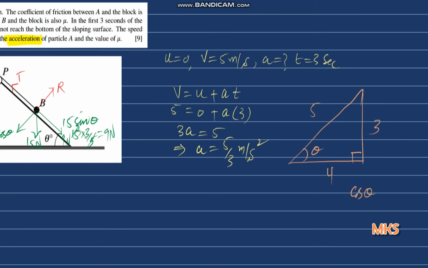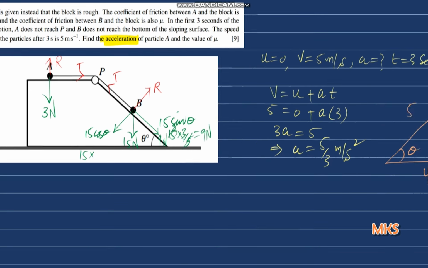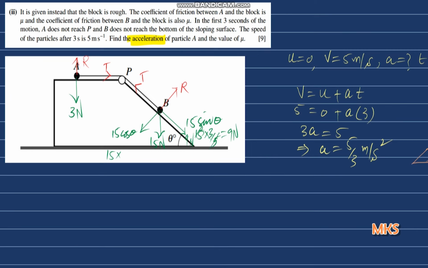So cos theta will be 4 over 5. So it means this part will become 15 times 4 over 5. So this is 12 Newton.